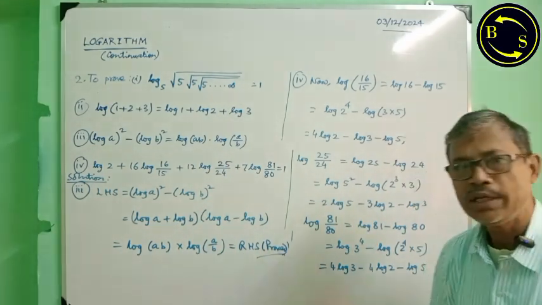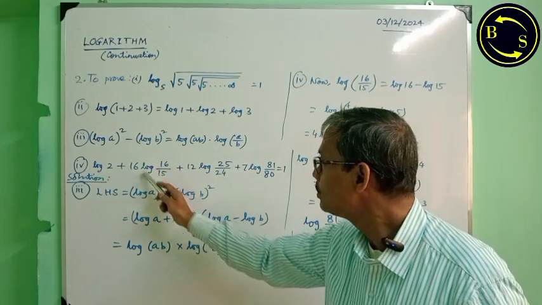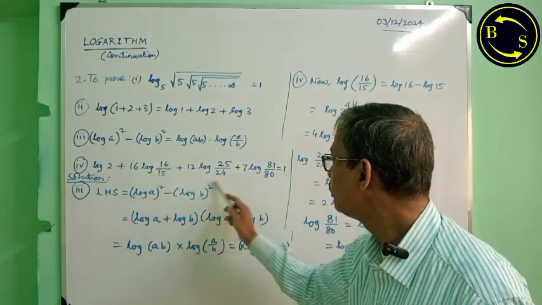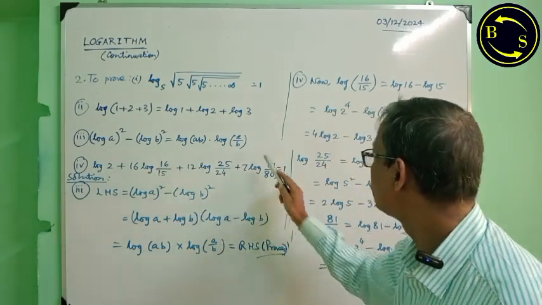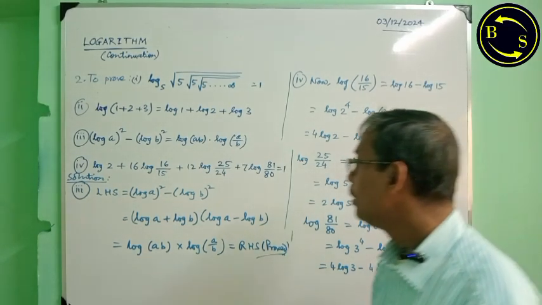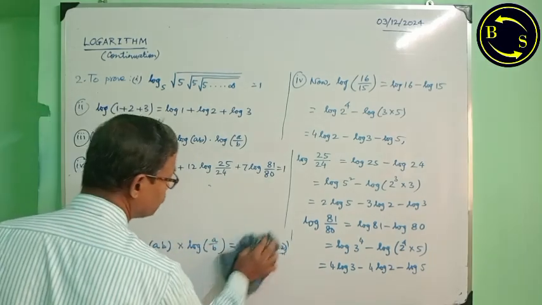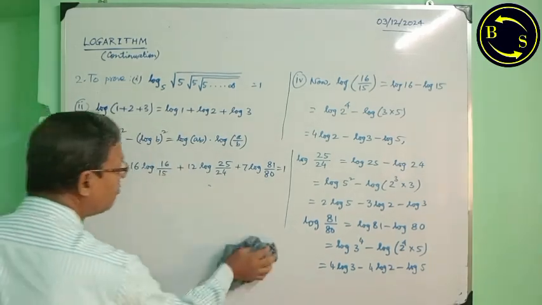To avoid the complication, I have calculated these three logarithms first, like this. Though it will be longer apparently, it will be quite easier. Now, I put these values here.